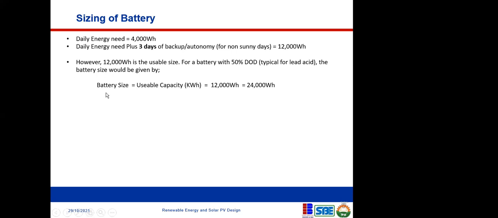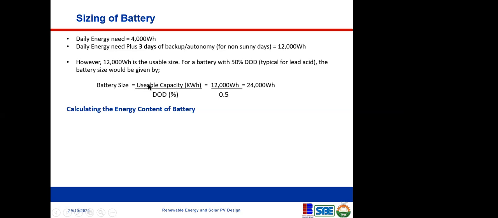If you want to do a battery sizing, you're going to consider the usable capacity. In our own case, the usable capacity is 12,000 watt hour. So this is the complete equation.